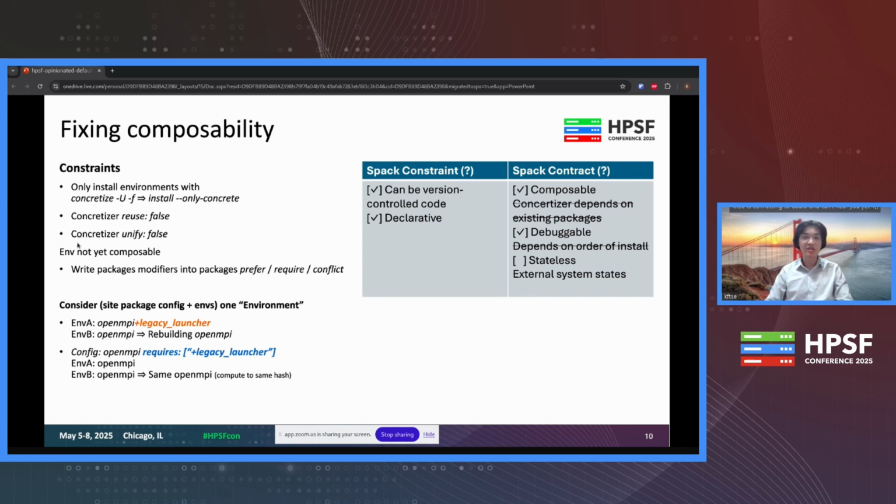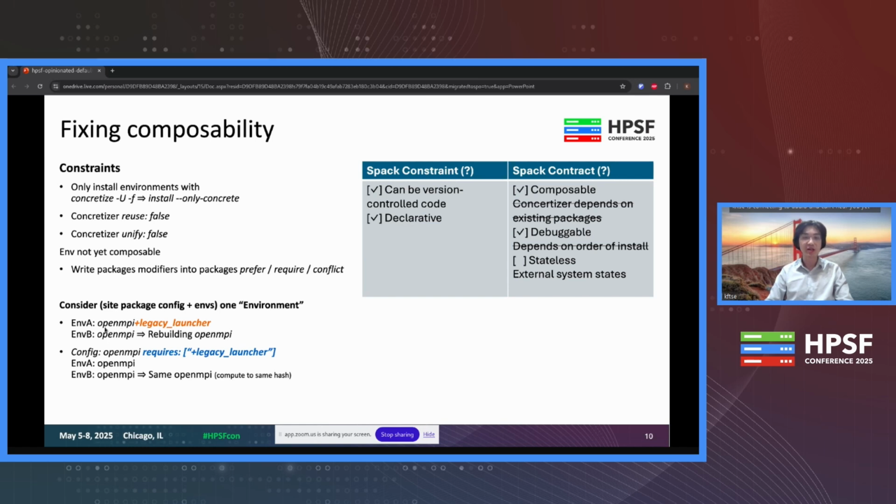Up to this point, it's not yet composable. We have to write package modifiers into package prefer, require, and conflict. I'll give you one example here. If one environment requests OpenMPI plus legacy launcher and another doesn't specify, then using this method you will get two pieces of MPI.